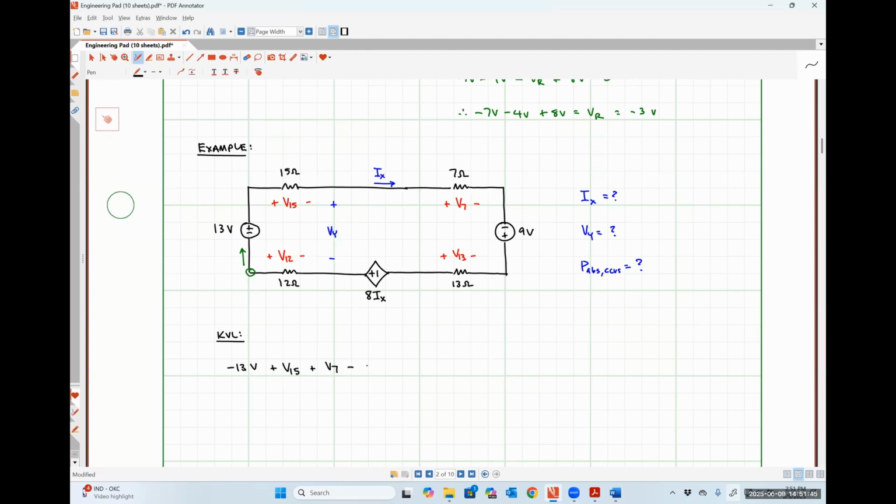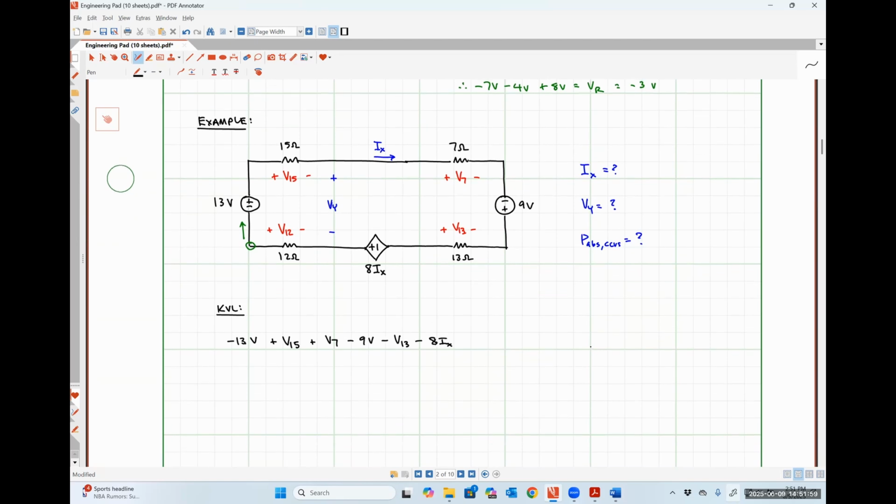Then I see the negative polarity terminal for the 9-volt source. Then the negative polarity terminal for voltage V13. The negative polarity terminal for the 8IX voltage source, and the negative polarity terminal for the voltage V12, like so. And now I'm back to where I started from. So this is what my KVL equation looks like.